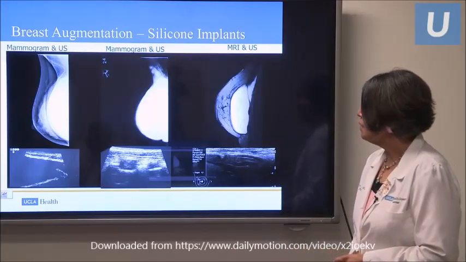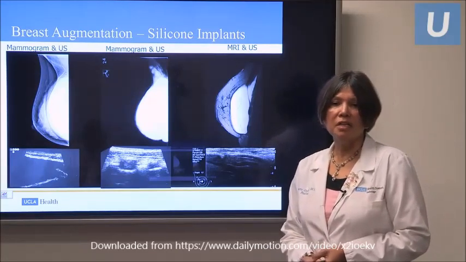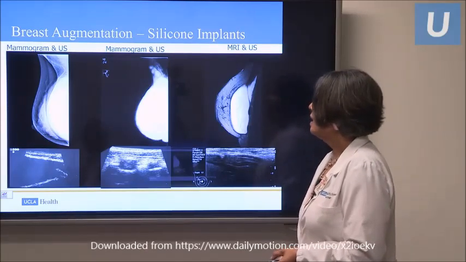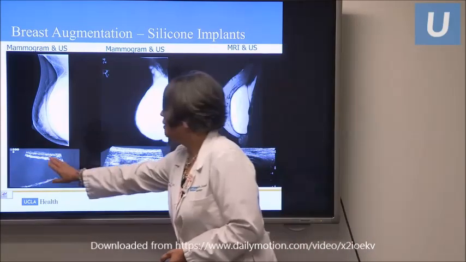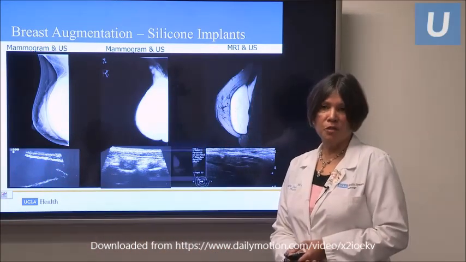Now these are different examples of implants that may need additional help with other studies to actually look through it. This is again a woman who has an implant. Again, this is clear in here. So therefore, we have a low suspicion for implant rupture.